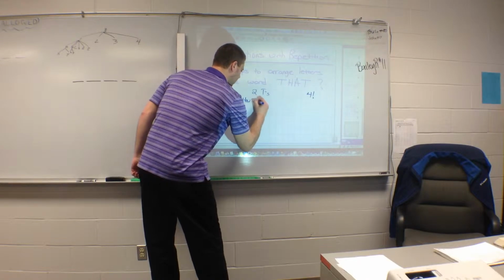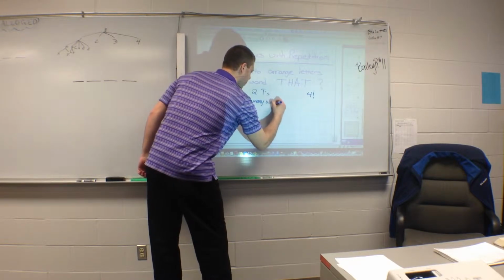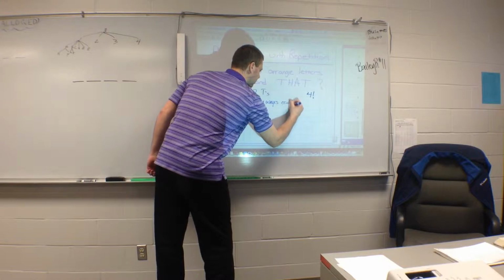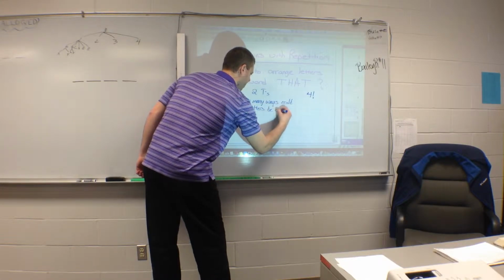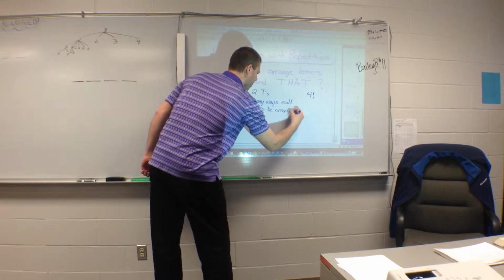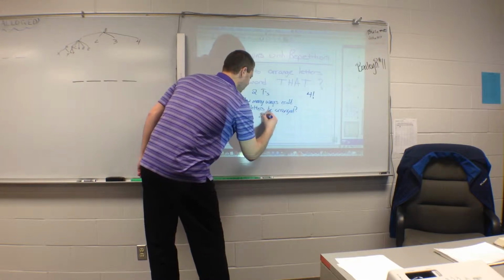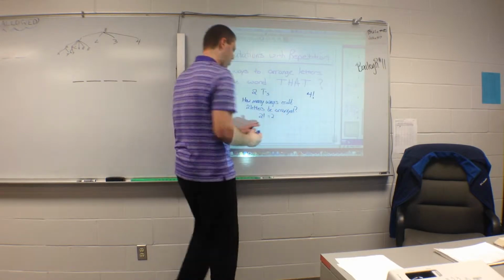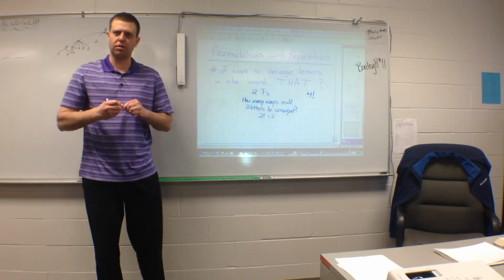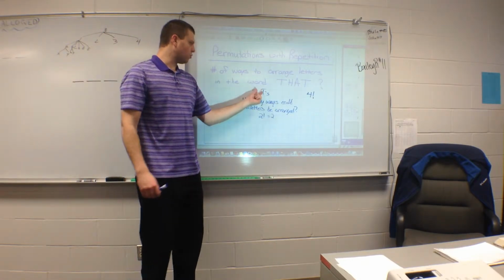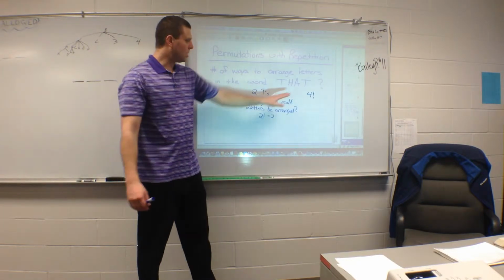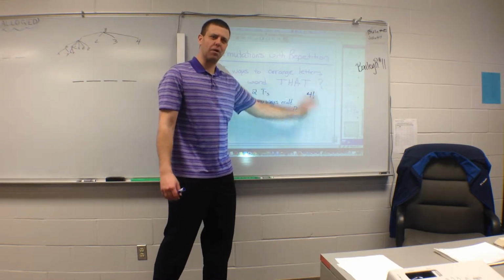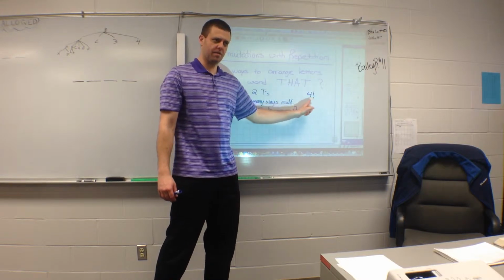My question is, how many ways could 2 letters be arranged, and that would be 2 factorial, which yes, I know is just 2, but I want you to think of it as 2 factorial. So every one of those ways that the 2 T's could be arranged, we need to then divide out from this number right here.